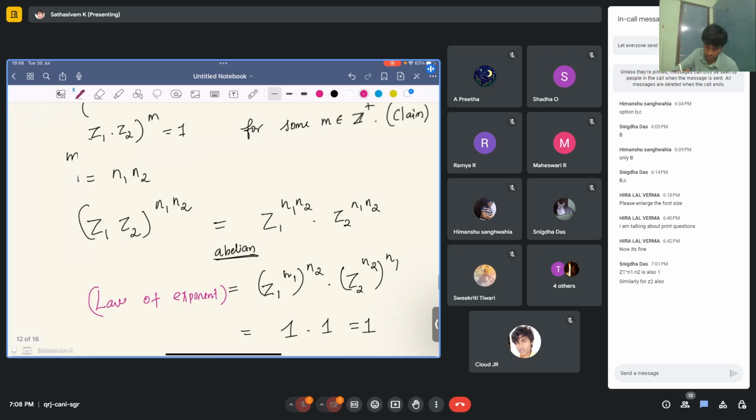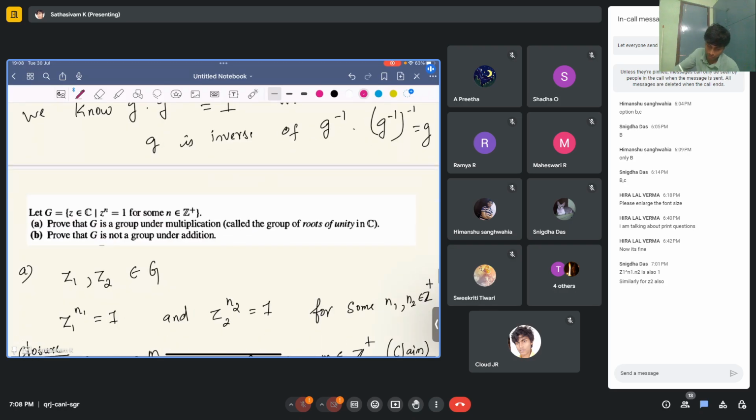Look here, what it says is some n star. Now you want to find the inverse. Let's think for a minute and see whether you can find it. Z to the power n minus 1.